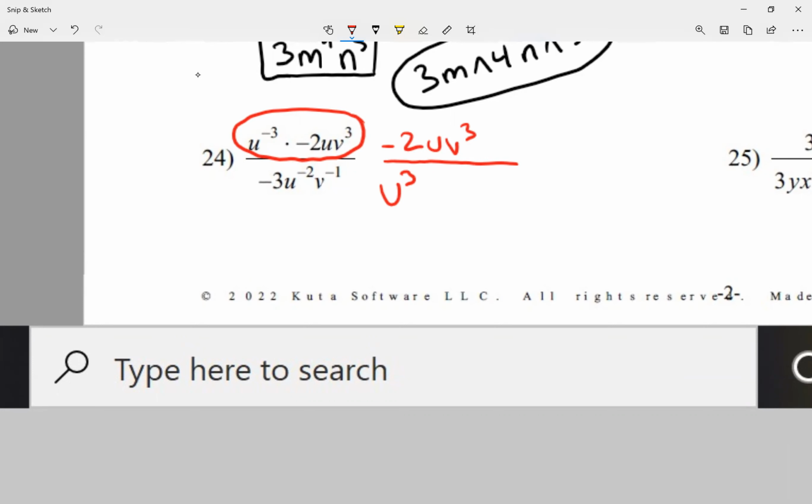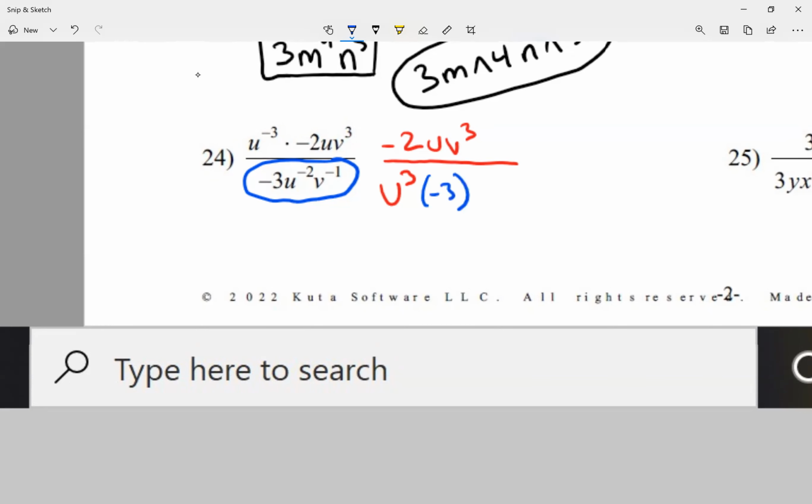I'm just focusing on the exponents. Then my focus is on the numbers at the bottom. Anything that has a negative exponent, I'm going to bring it to the top. So I have a -3. So matter of fact, let me put my negative inside parentheses so I remember there's a negative. U to the second on the top and V to the 1 on the top. Anything that had a negative exponent, I bring it to the other side.